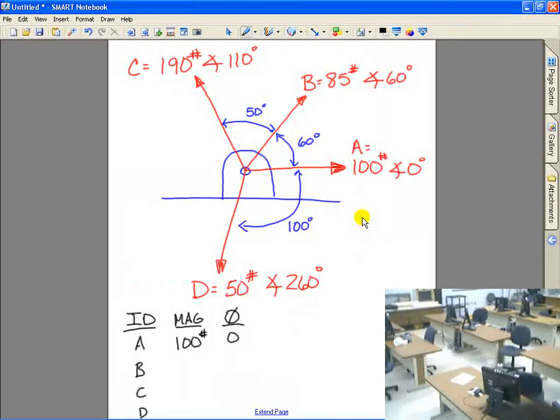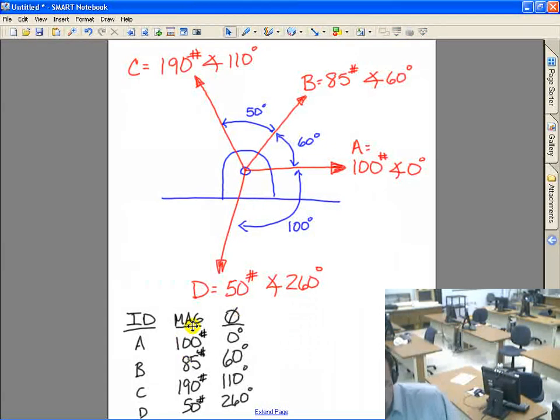Force B is 85 pounds, an angle of 60 degrees. Force C is 190 pounds, an angle of 110 degrees. And force D is at 50 pounds, an angle of 260 degrees.